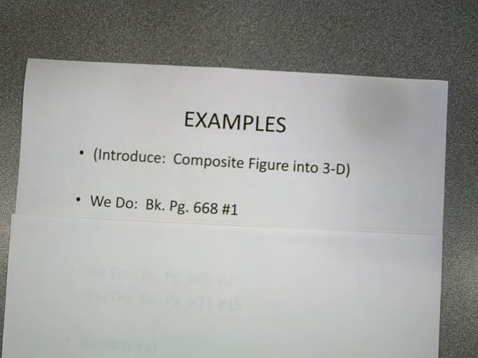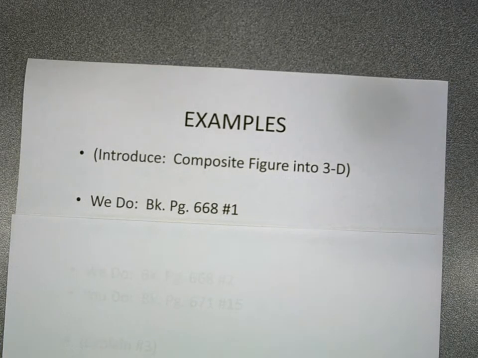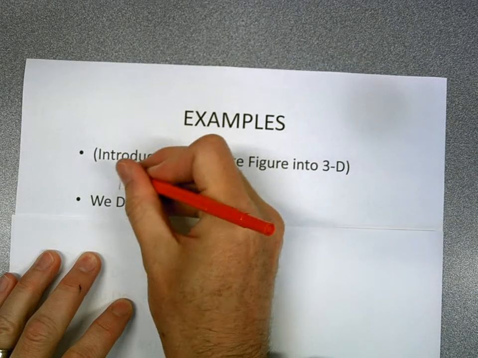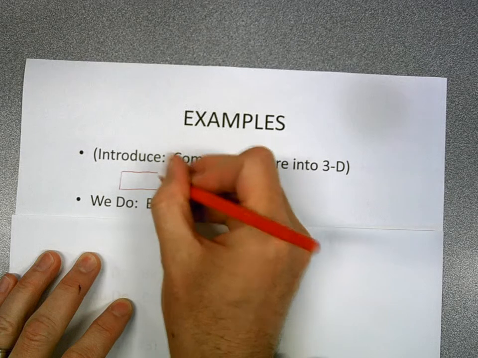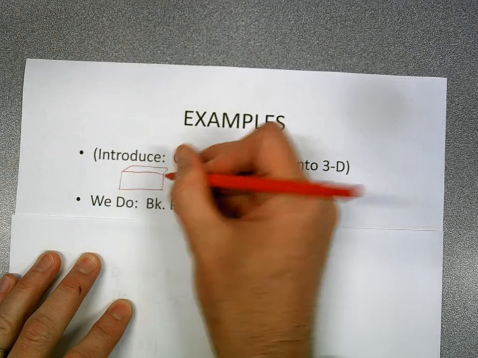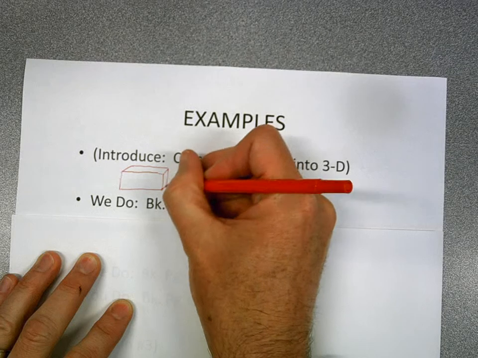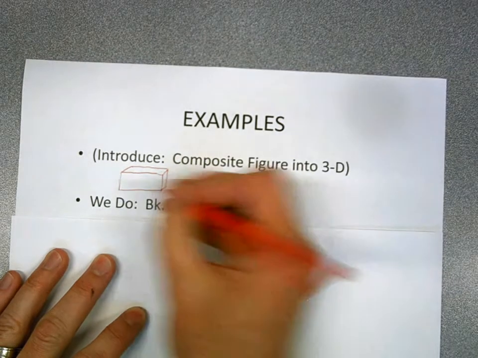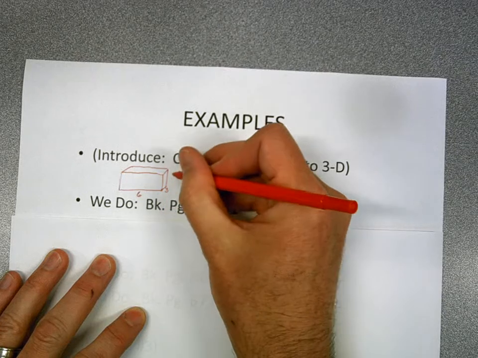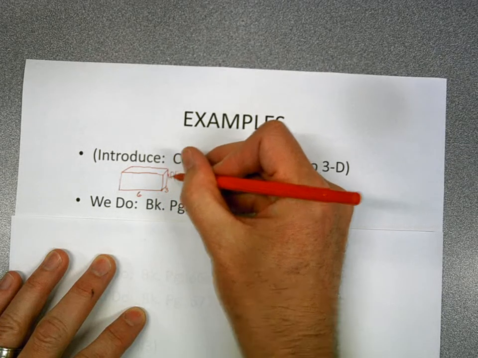If you take a look at page 668, problem number 1, I'll go ahead and draw it on here. Looks something like this. And it says this dimension is 6 feet, this dimension here is 3 feet, and this dimension is 4 feet.